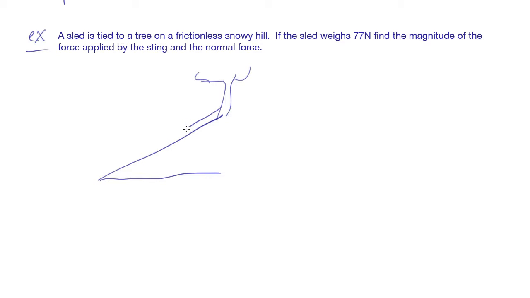The rope is perpendicular to the hill, I should say, and it's attached to the sled. All right. I need to give you an angle, so this is 30 degrees. So we're starting to go on angles now. You're going to see lots of these things. We usually call these inclined planes, a very physicsy term that we'll use. So you've got a sled on a plane attached to a string.